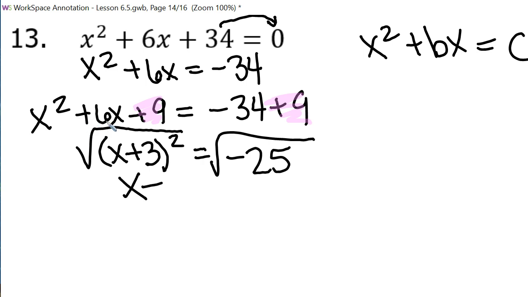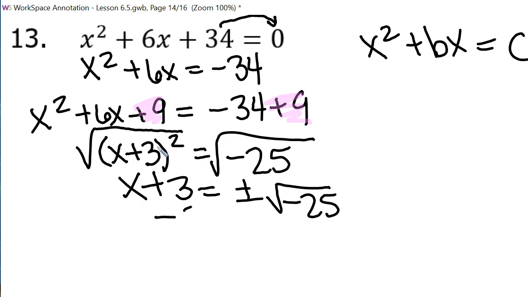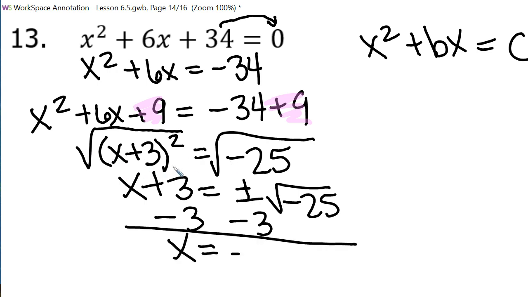Cancel. So bring down the x plus 3 and plus or minus square root of -25. What's next? Subtract the 3 to both sides. So x equals -3 plus or minus the square root of -25.